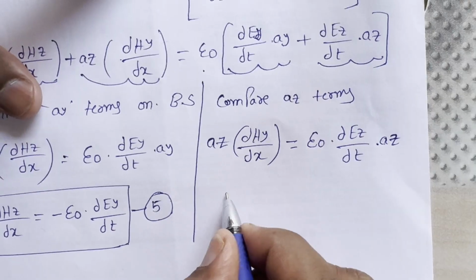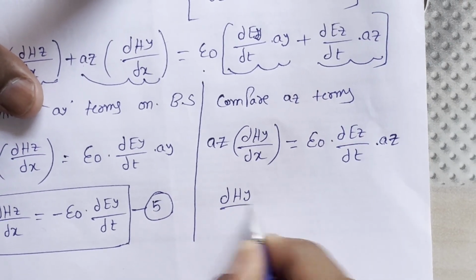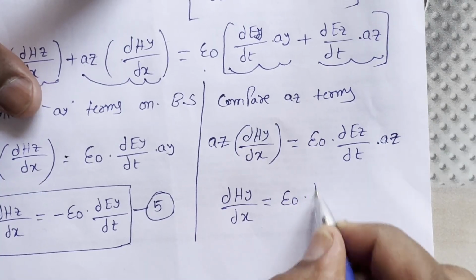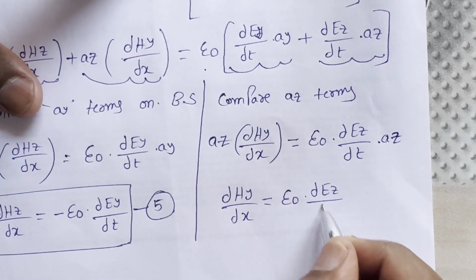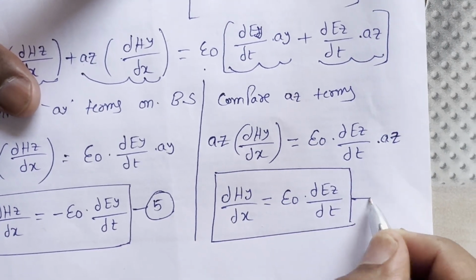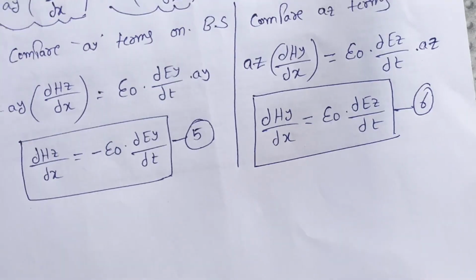Then, on both sides, dou Hy by dou x equal to epsilon naught into dou Ez by dou t. It is equation number 6. So equations 5 and 6.